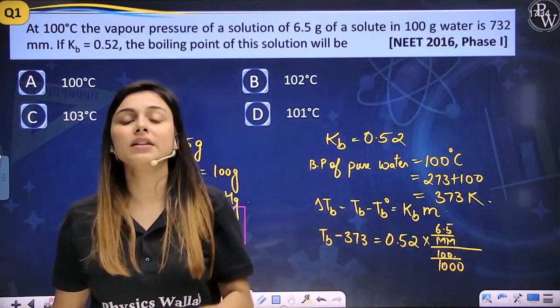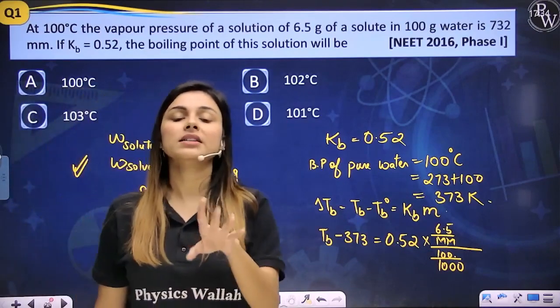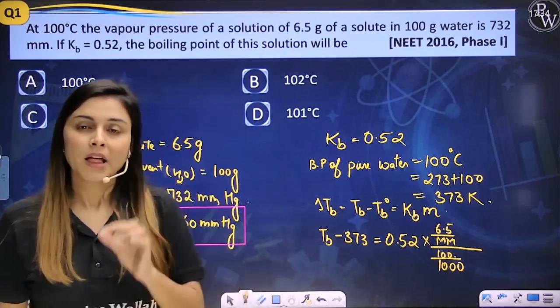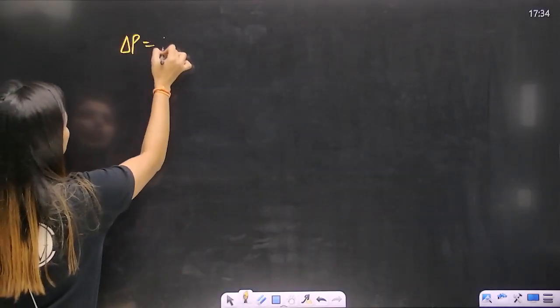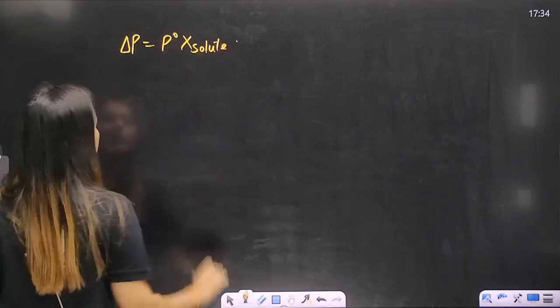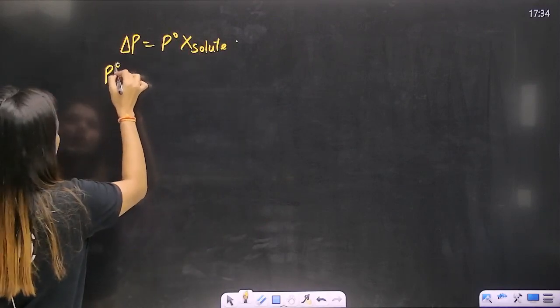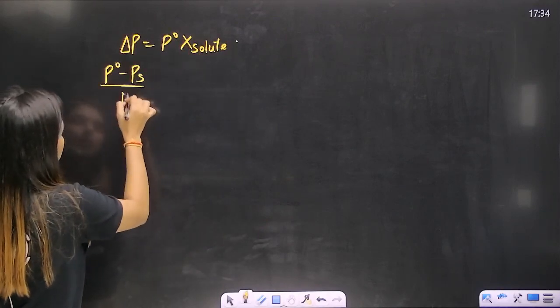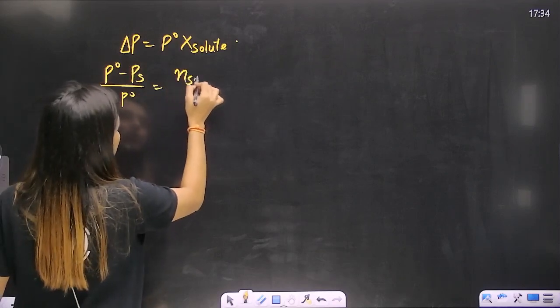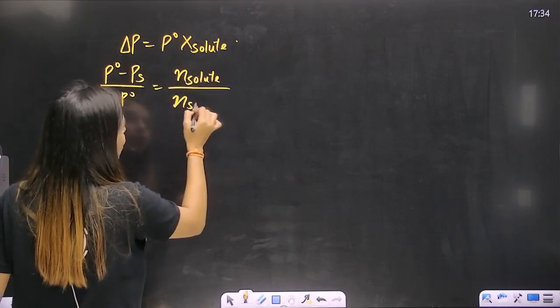So to calculate the molar mass of the solute, you need these values. Now the best part is coming here. You know that lowering of vapor pressure, delta P, is equal to P naught into mole fraction of solute. We are again considering it a dilute solution. So P naught minus PS upon P naught is equal to moles of solute upon moles of solvent.